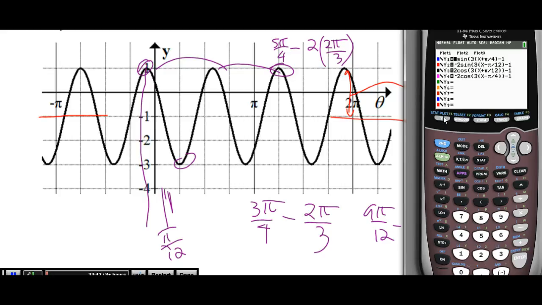So okay, 2 cos 3. Okay, so my cos, I divided by pi over 4. Okay, so wait a second. Why are those off? I don't know, the sine functions are off.